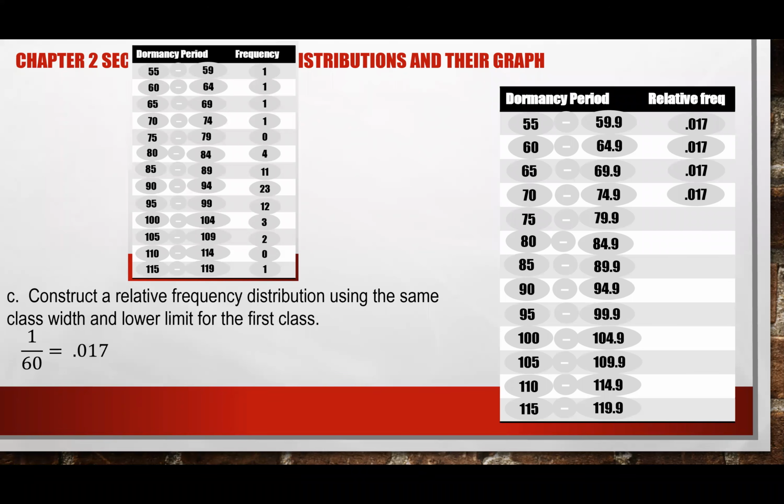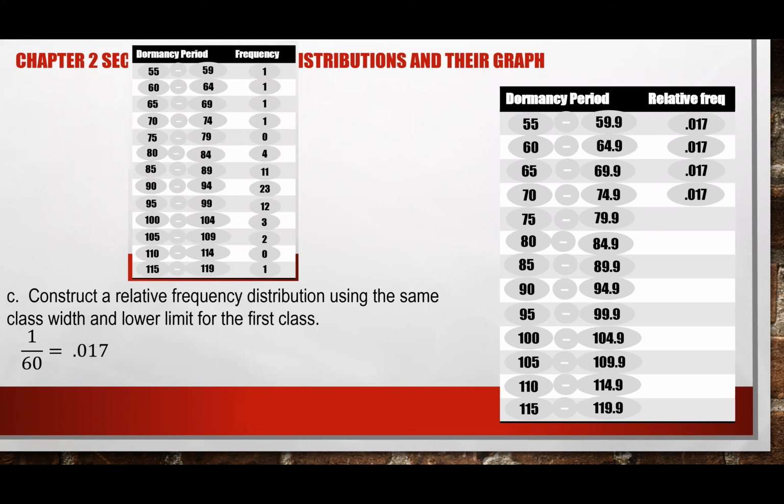So if they tell you exactly how many decimals they want, that's how many decimals you give them. If they don't tell you, the rule of thumb is, if your data has no decimal, then you give them 1 decimal place. If your data has 1 decimal, you give them 2. So you always give them 1 extra decimal place than your data. That's the rule of thumb if they don't specifically tell you how many decimal places they want.